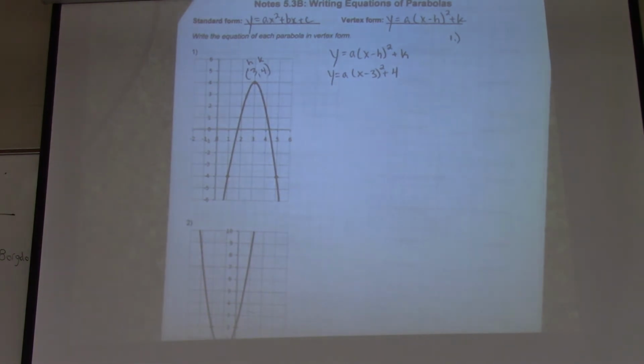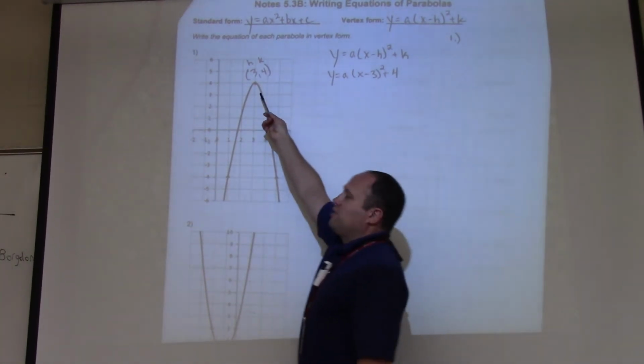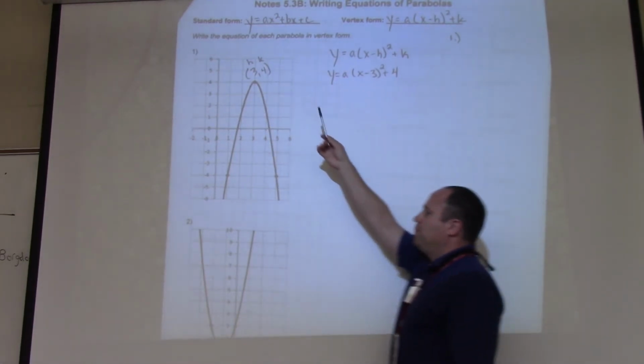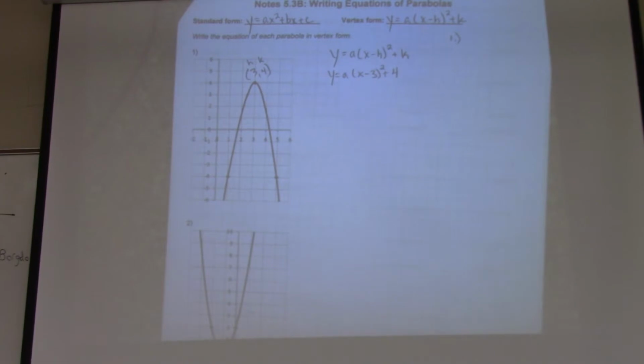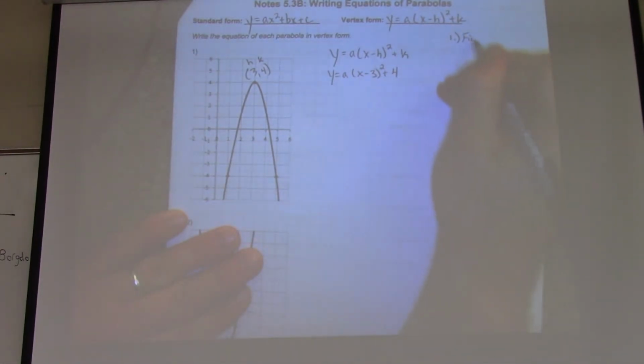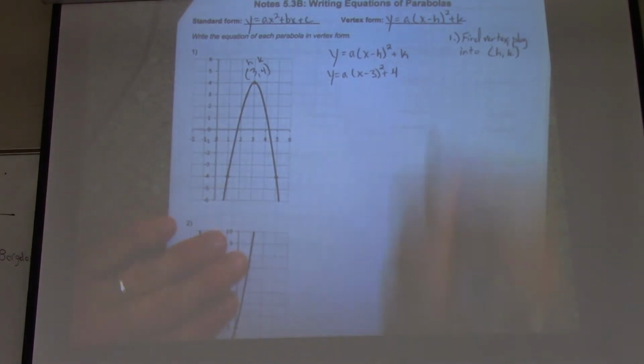And it should make sense. Remember I said opposite, same, right? So if I have a negative 3 here, then I have a positive 3 for my h. Any questions so far? So that's step 1: find the vertex, plug into h, k.